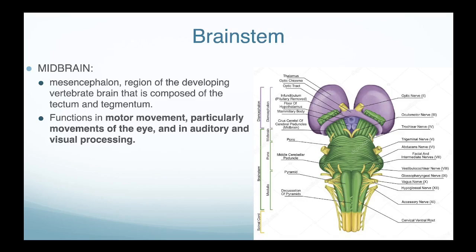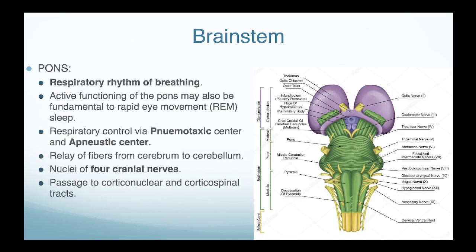And if you look over to the right, you can see your midbrain is associated with things like your trochlear nerve there, your ocular motor nerve. You see that? And then moving forward, you're going to see the pons, which is associated with the pneumotaxic and apneustic centers.